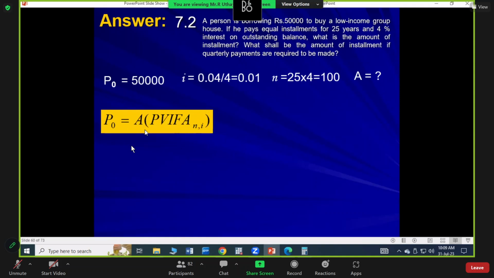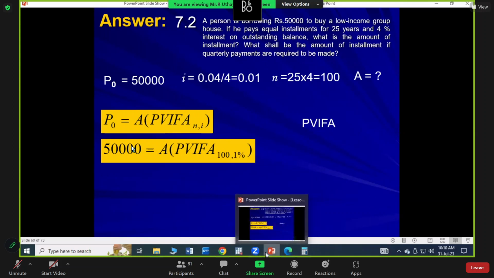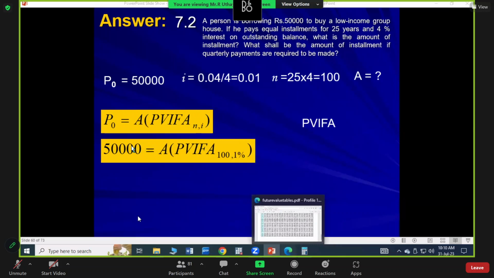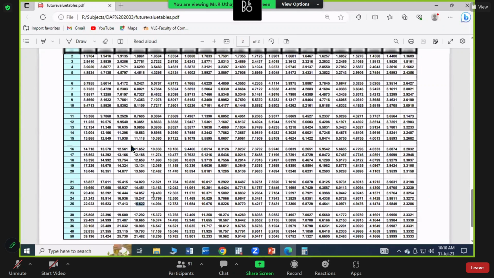So again, there you can substitute the n is 100 at 1%. This time, present value interest factor to be calculated. So if you go to the table, you can't find it.